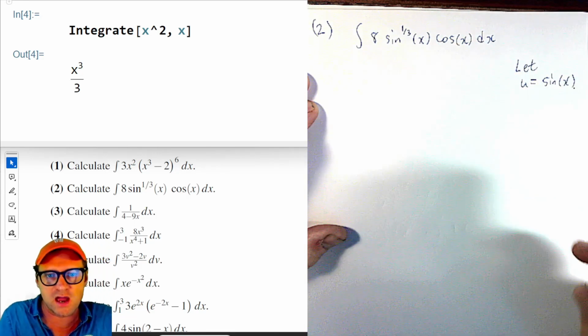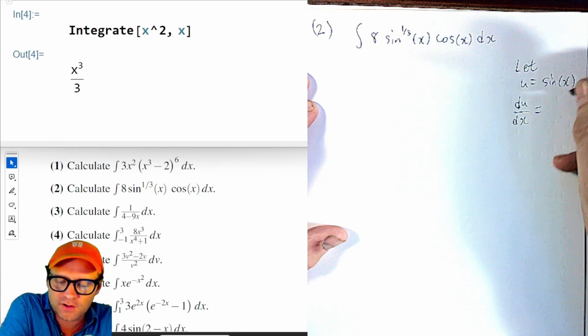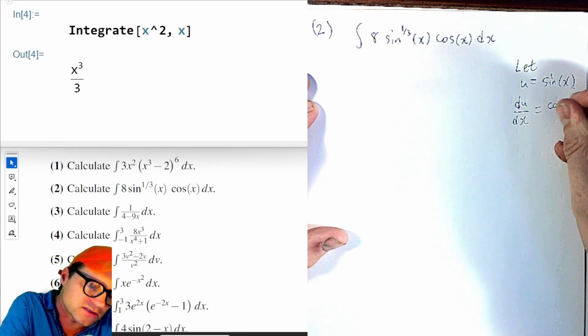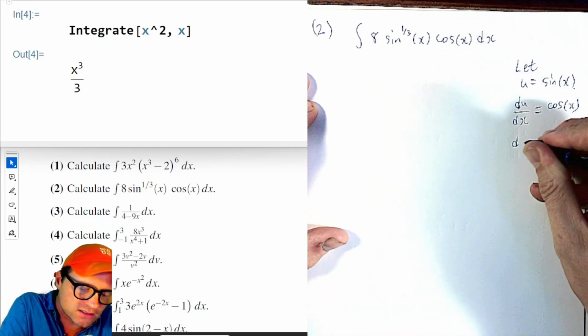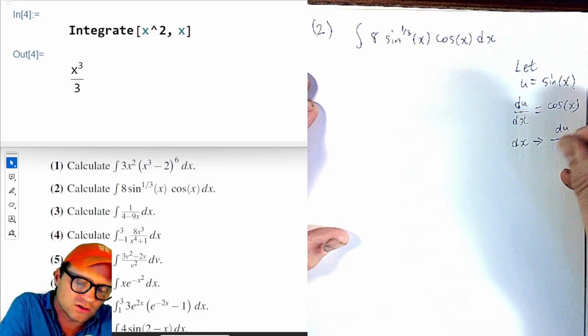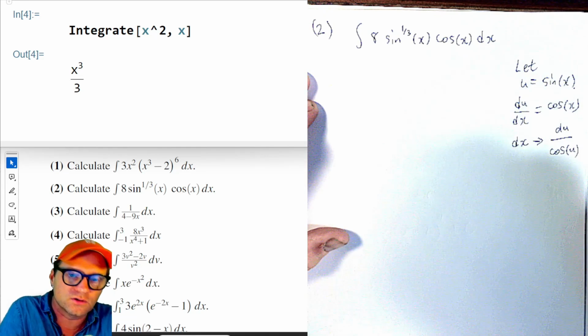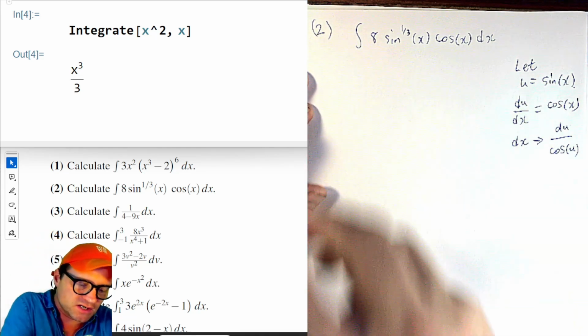All right, so given that, we want to take du on dx. Differentiating sine, remember we get cos. Okay, let's do our little algebra trick. So we're going to replace dx with du over cos x in our substitution.